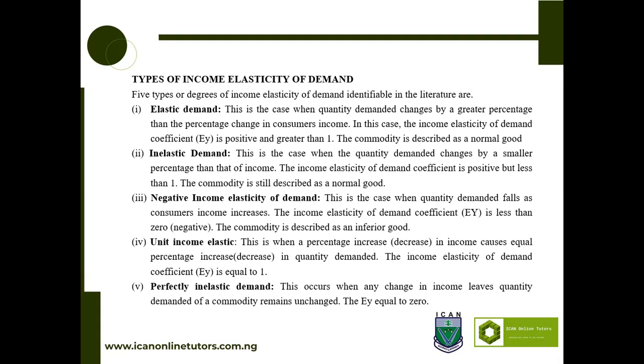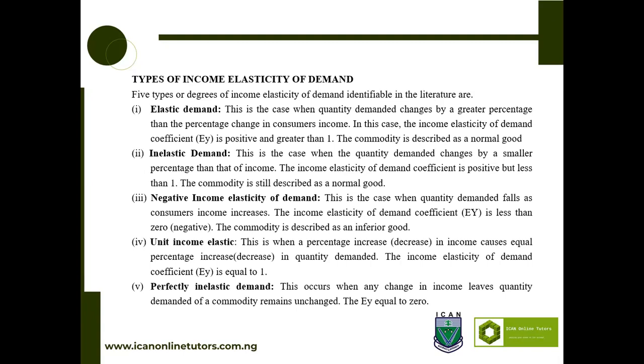The commodity is described as inferior goods. So this is the indication in a situation where the quantity demanded is reducing and consumer income is increasing. That means the quality of goods available is what? Inferior.